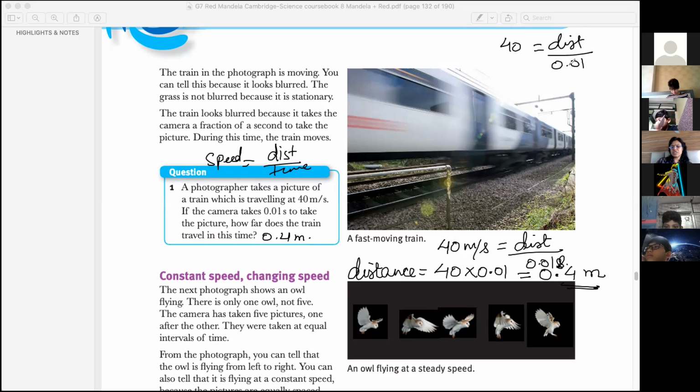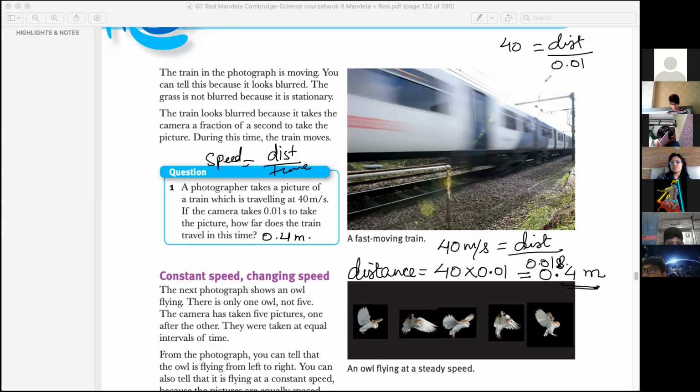So it is in the denominator there, and it is in the numerator here. When it goes to the opposite side of equal to, it will get multiplied because here distance is divided by 0.01. So it will be 0.01 into 40 is equal to distance.